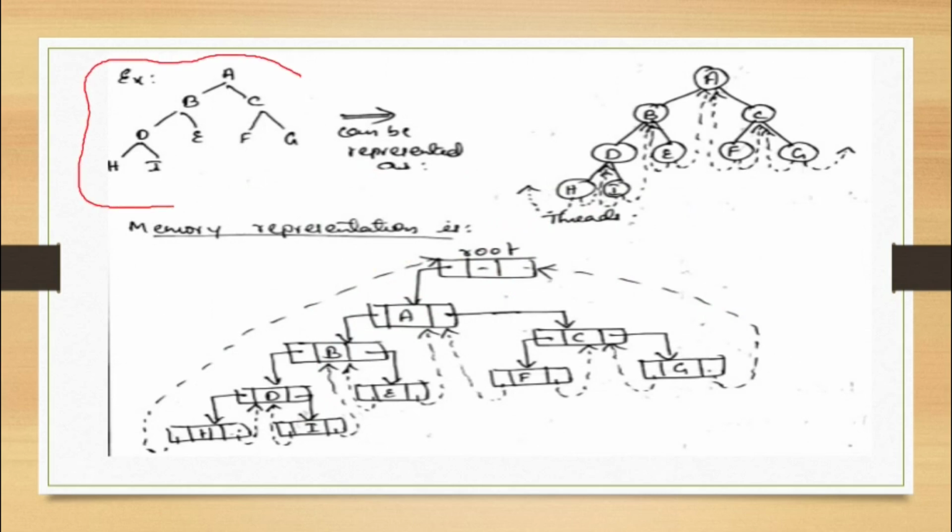Now let us see how the wastage happens here. We can see A has a left and right link. In the memory structure we can easily understand this. You have something called root here. This root refers to a dummy node, remember.